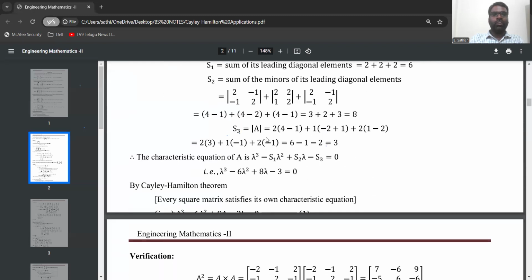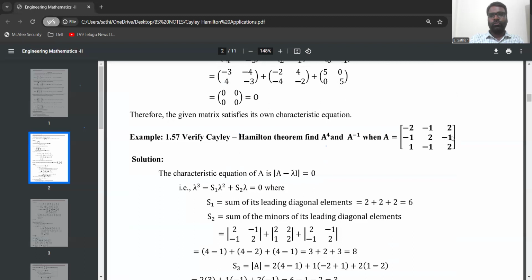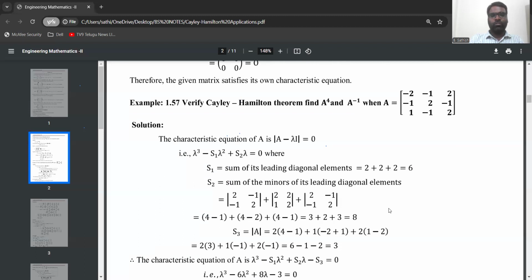Now s3 is simply the determinant of the given matrix, mod A. Making the correction here, this is positive 2 only. So 2 into the determinant after removing the first row and first column, which is 4 minus 1. Next, with the minus in the formula and again minus 1, we get minus of minus, plus 1 into, again removing the column and row, 4 minus 2.